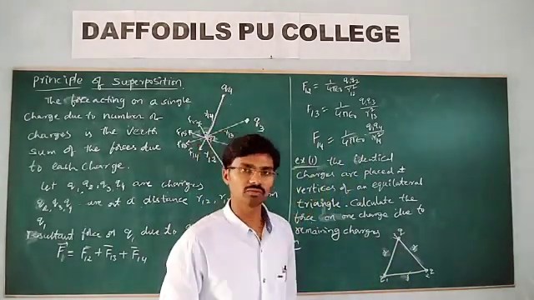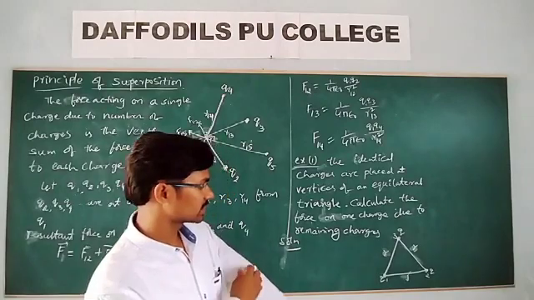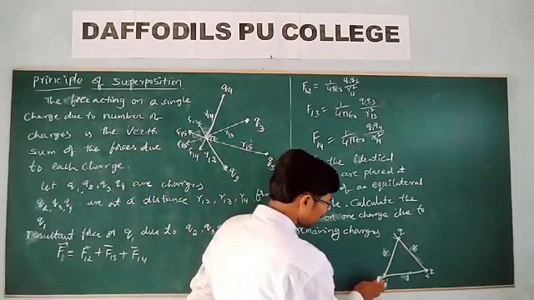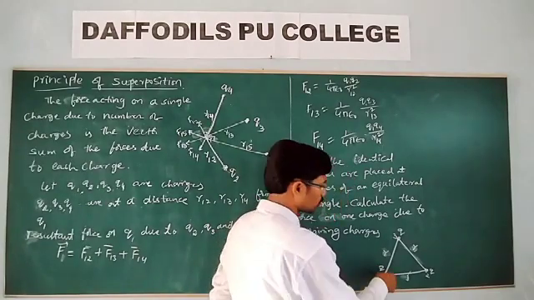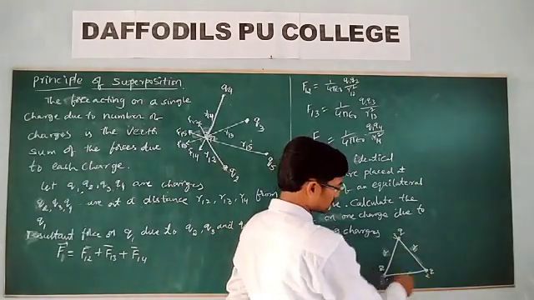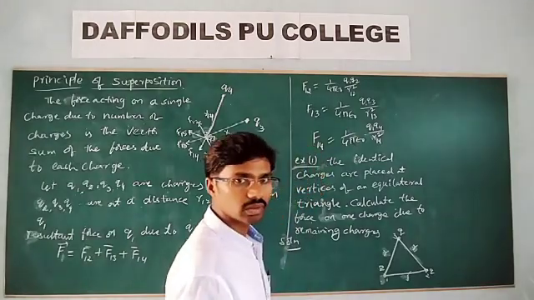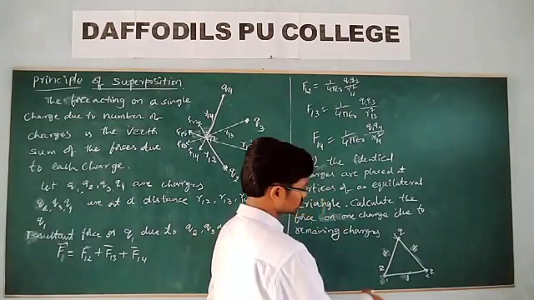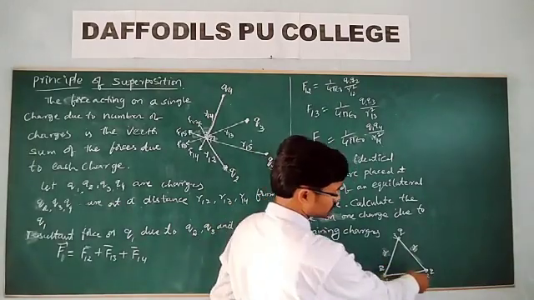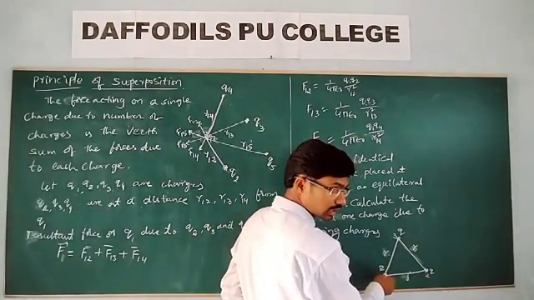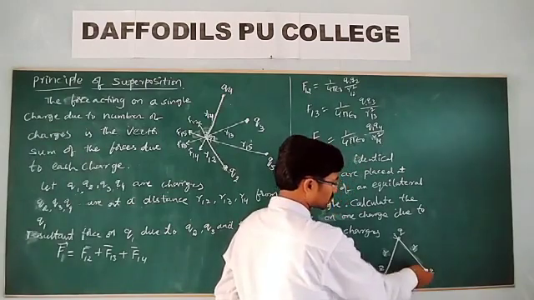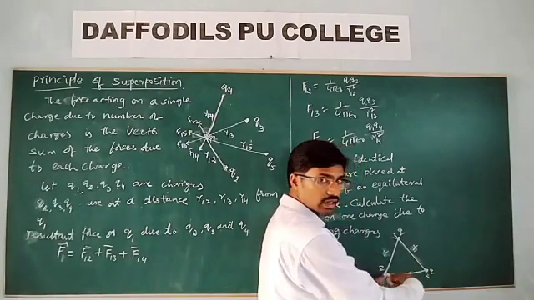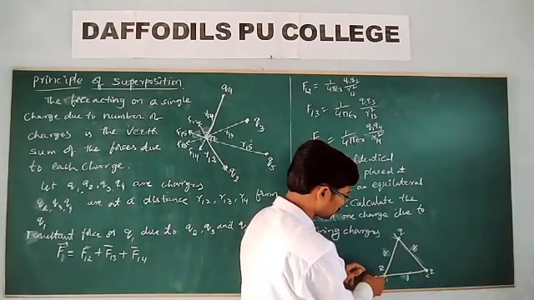Now we need to calculate the force on one charge due to the remaining charges. Let me take any charge, say 1. Here I am taking the force due to these two charges at this point. Force on this charge due to this charge: as both are positive, like charges repel, so what will be the direction of force?